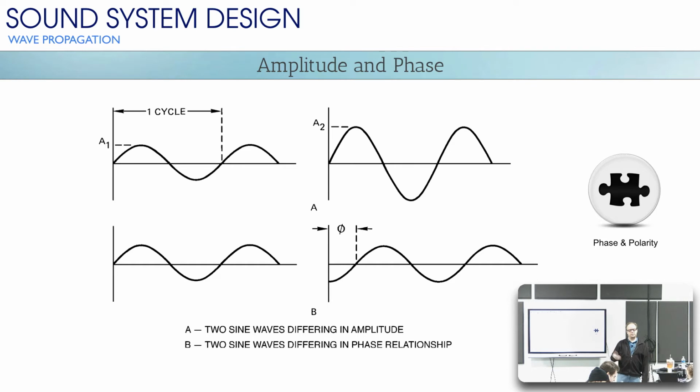So we convert them all the time, right? A microphone is a transducer that converts an air pressure sound wave into an electrical alternating current wave. A loudspeaker does the opposite. A loudspeaker takes an alternating electrical current signal and converts it back into a sound wave.